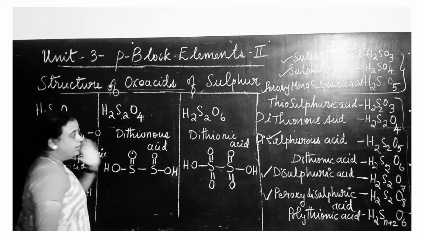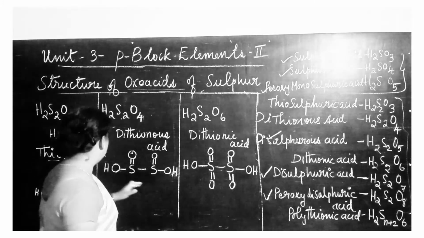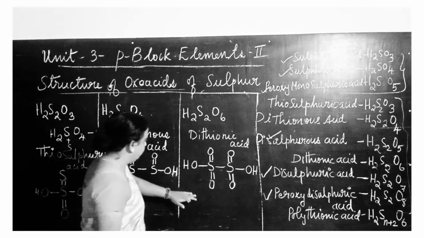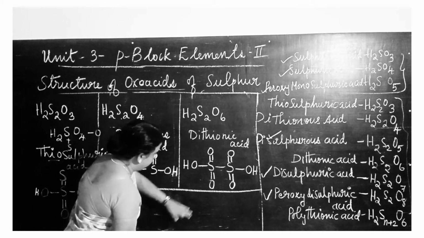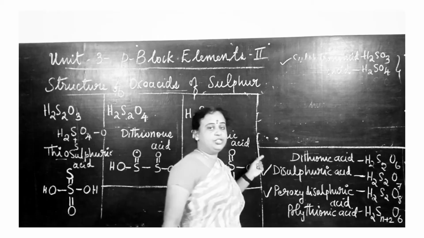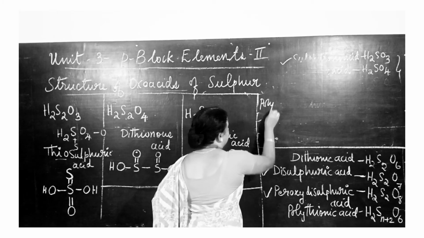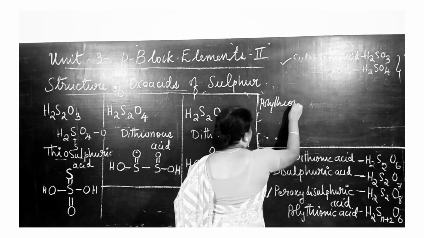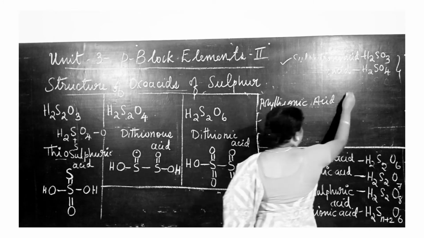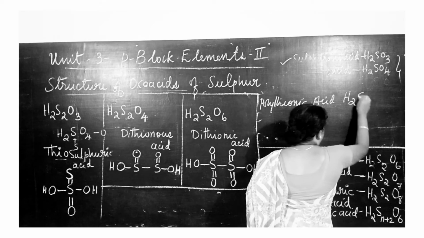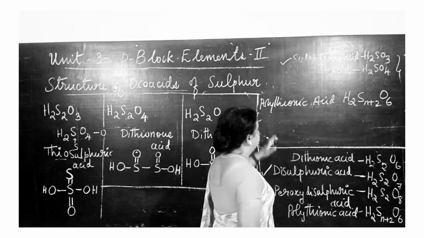Now we have seen the 9 oxoacids of sulfur, their structures and names. The last one left over is polythionic acid. Let's draw the structure for polythionic acid. Its formula is H2SnO6, or H2 Sn+2 O6.